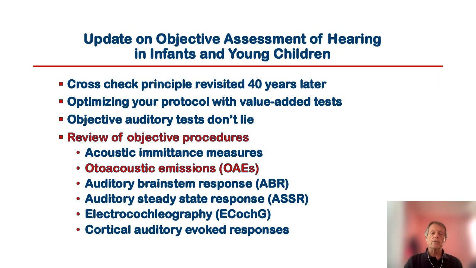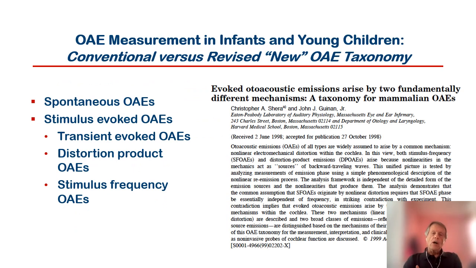Okay, now we're going to move on to otoacoustic emissions. We've just talked about acoustic immittance. This will be very brief because we've already covered the topic rather extensively in the first lecture. OAEs, as you know, were discovered in 1978 by David Kemp, and for many years, for 20 years really, until the late 1990s, this simple way of categorizing OAEs was followed by all audiologists.